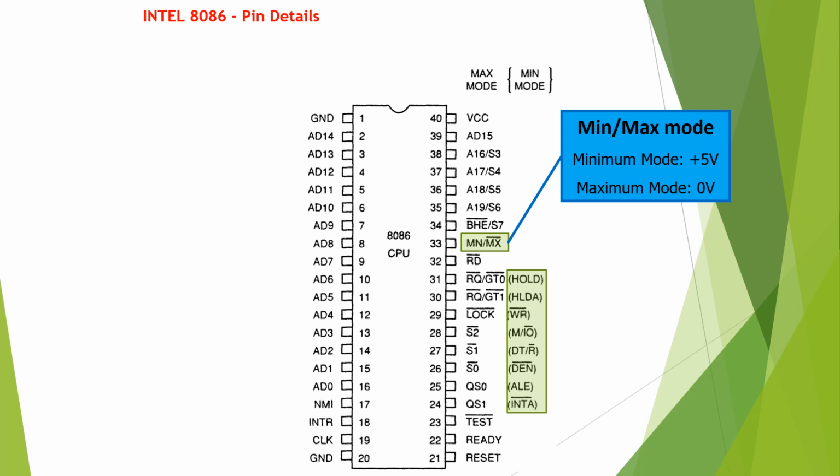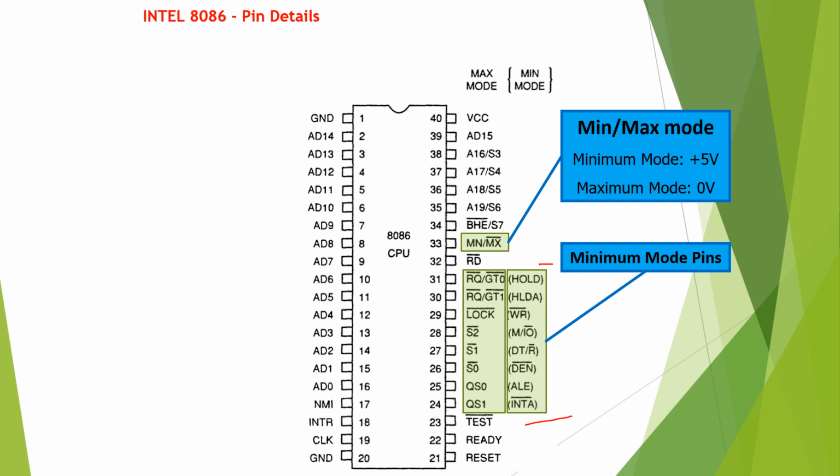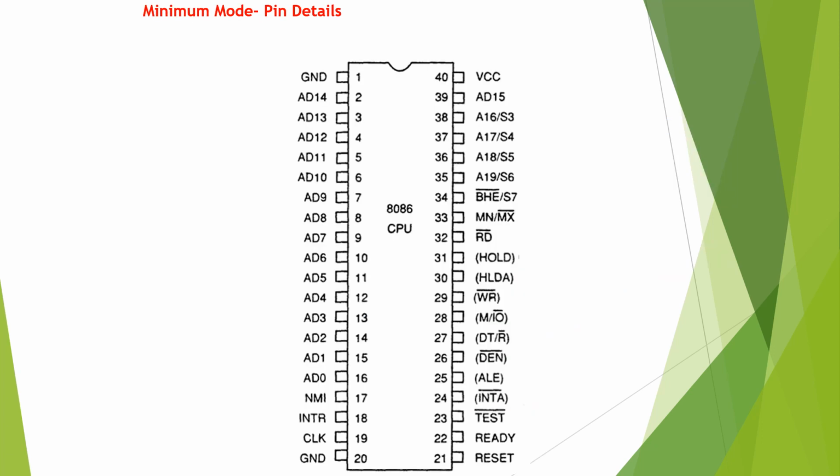You can see the combination of the minimum mode pins from HOLD to INTA. All this category comes under the minimum mode of operation, and the request pin to queue status pin 1 comes under the maximum mode of operation of 8086.